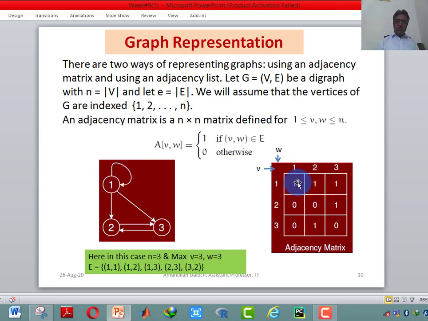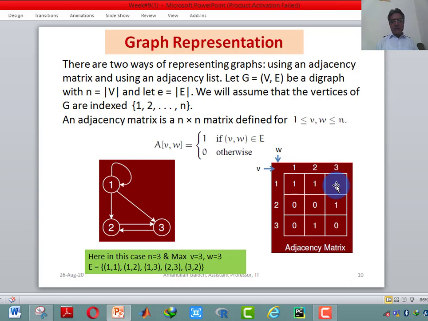So at row 1, column 1, the value will be 1 if the edge exists. From 1 to 2, the edge exists, so we put 1, that is on or off. From 1 to 3, the edge exists, yes.